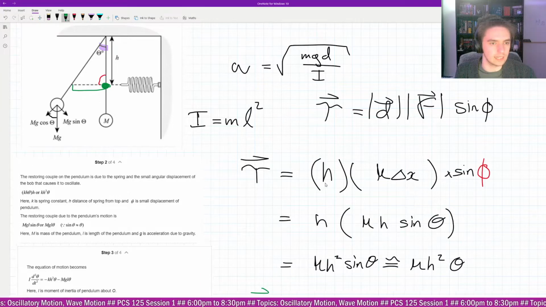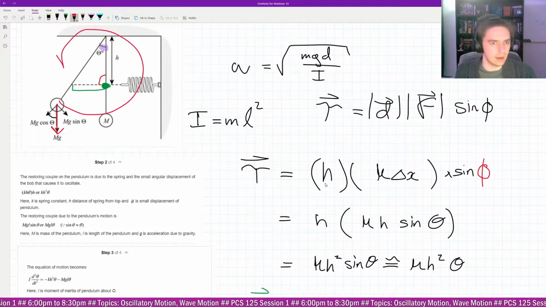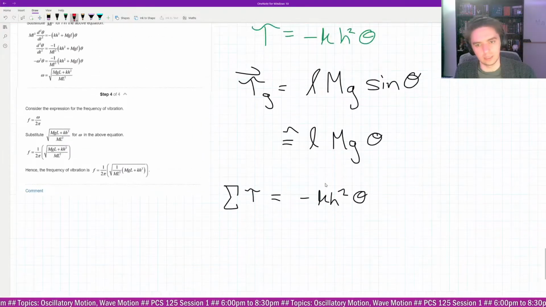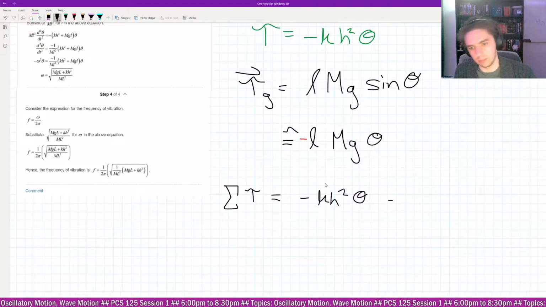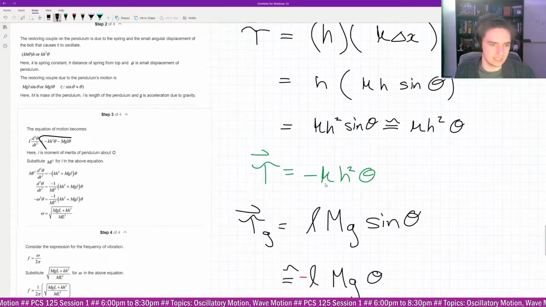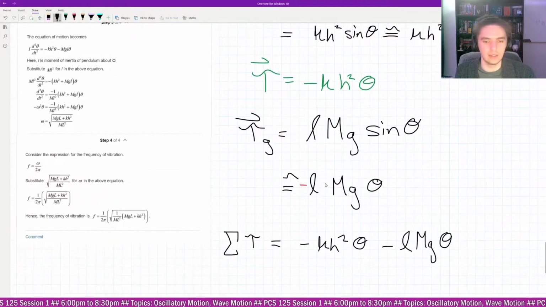The force is acting down here, so it's kind of like it's turning it that way. So the torque is going to be negative. So this is negative L mg, so we minus L mg theta. Okay, we got this, right? That's the sum of the torques.